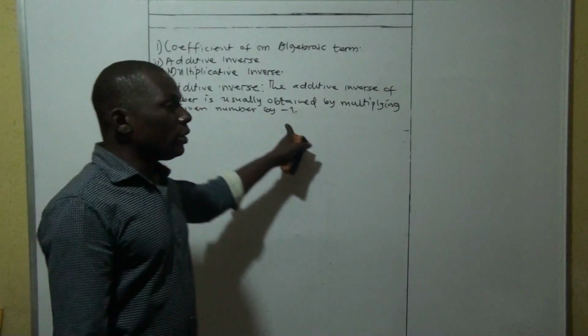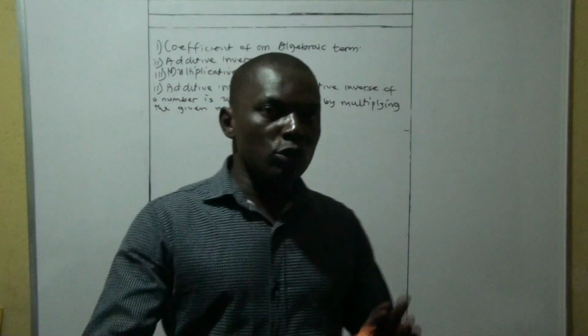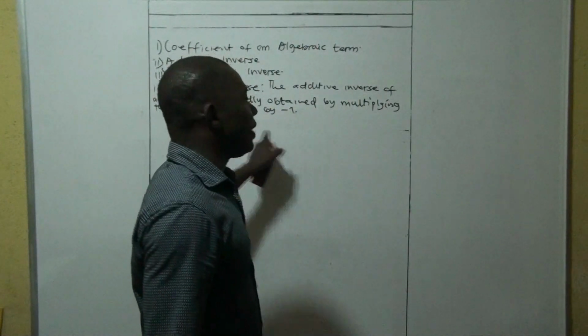By what? Minus 1. That's how to obtain additive inverse.